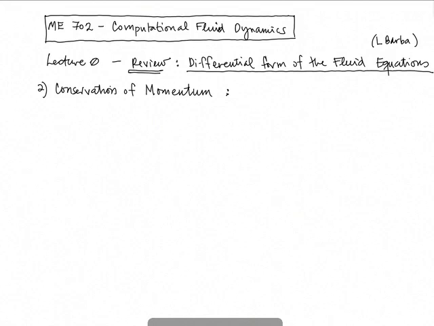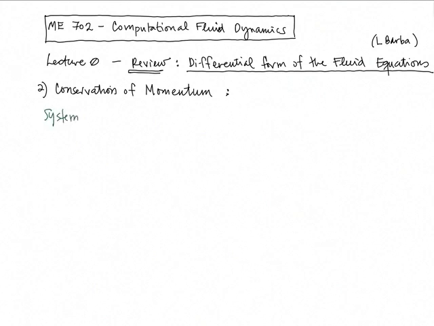So this is the second part of this lecture 0 for our CFD course, our review of the differential form of the fluid equations, and this second part will refer to the conservation of momentum. We start with the equation for conservation of momentum for a system.